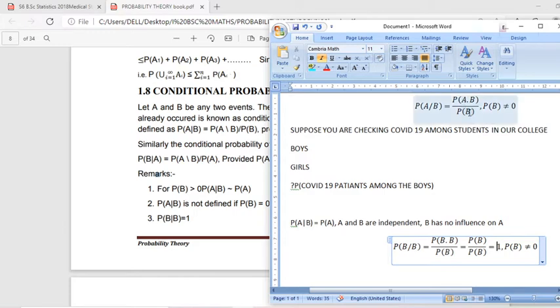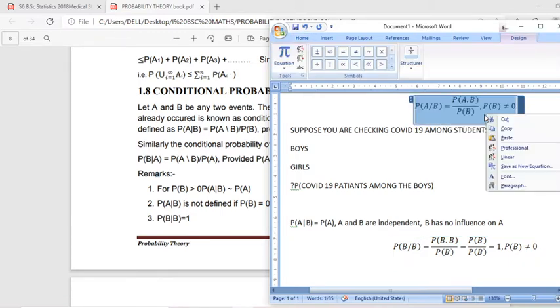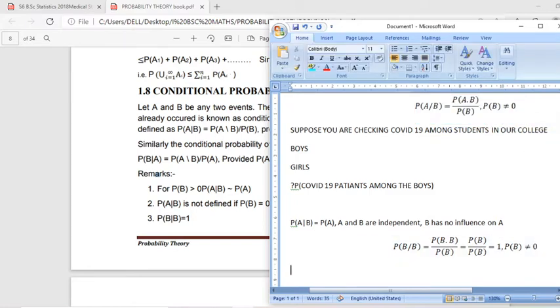And suppose P of B equals 0, then we cannot define it. So if P of B is equal to 0, then this will be infinity, right?